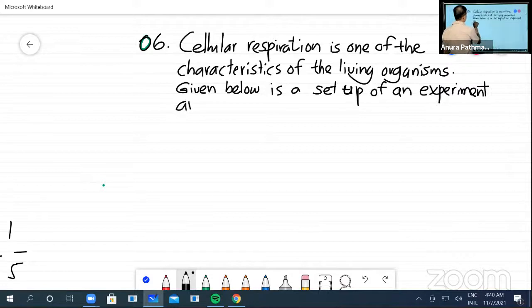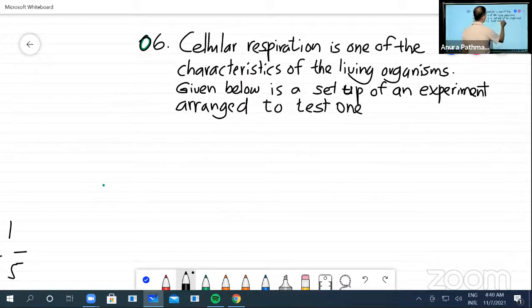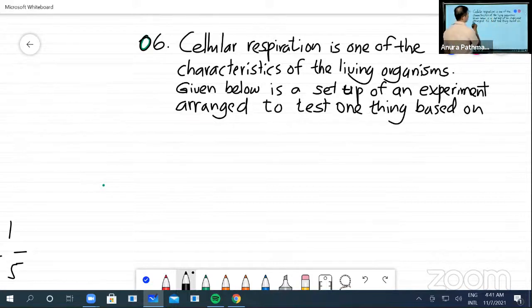The experiment is arranged to test one thing based on cellular respiration.